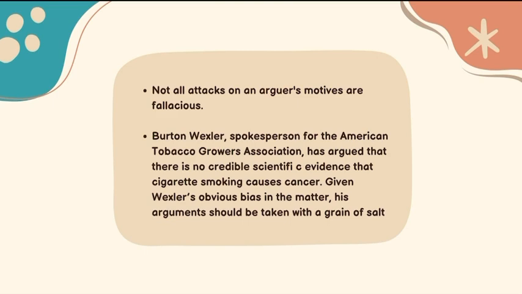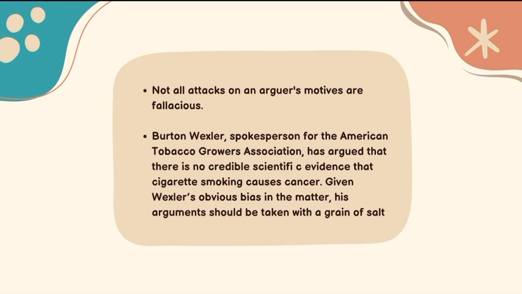But not all attacks on an arguer's motives are fallacious. For example, Barton Wexler, spokesperson for the American Tobacco Growers Association, has argued that there is no credible scientific evidence that cigarette smoking causes cancer.